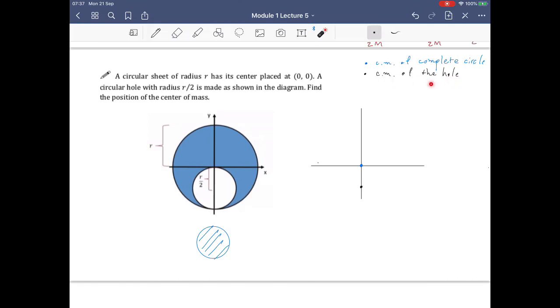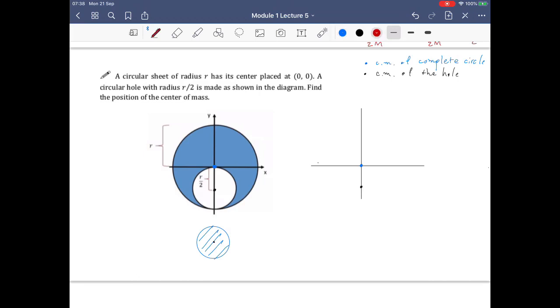So when I say the center of mass of the hole, it just means the center of mass of this small circle that is cut out. It used to be here, right? The center of mass of the small circle used to be here, and the center of mass of the complete big circle was here.